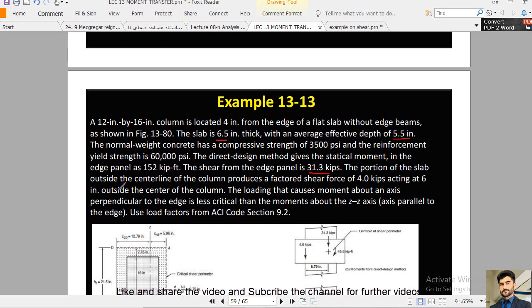The portion of the slab outside the center line of the column produces a factored shear force, right? This is the shear force due to the cantilever portion of the slab. This is the inside and this is the outside, right? And it is important: the loading that causes moment about an axis perpendicular to the edge, right? This sentence is very important, and you have to understand this, right?